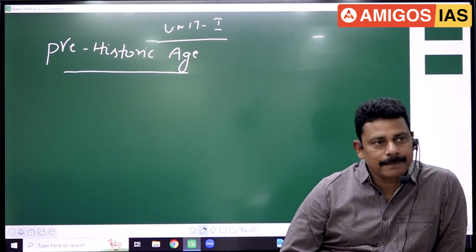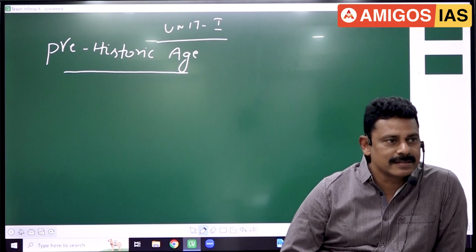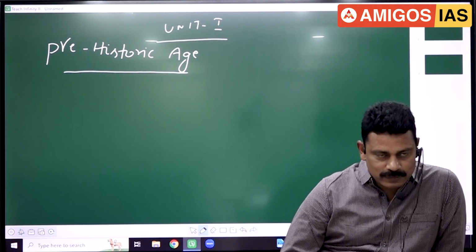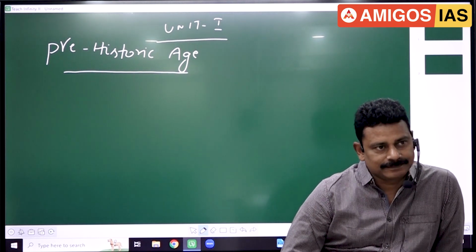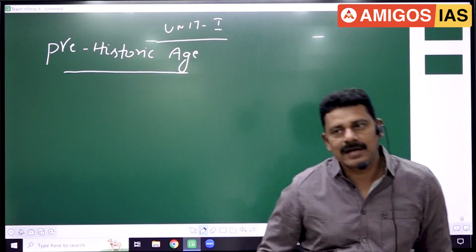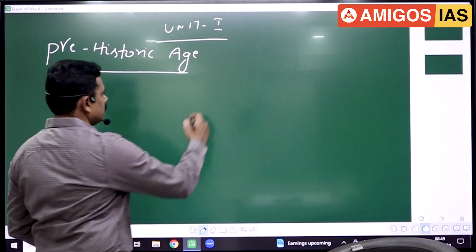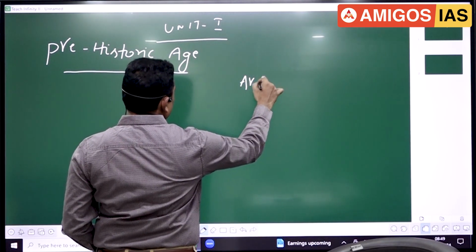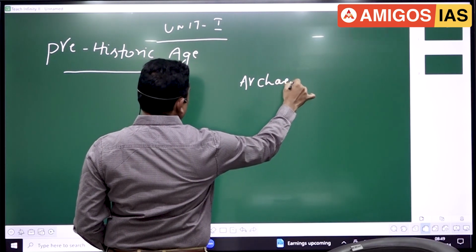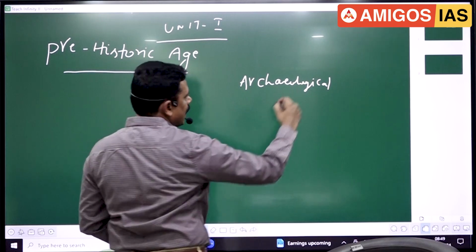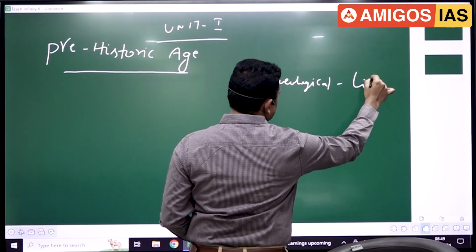To study the past of any country or region, we need to depend on sources. Here sources are of two types: one is archaeological sources, and the second category is literary sources.